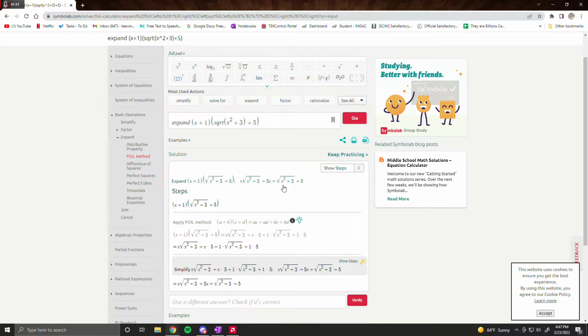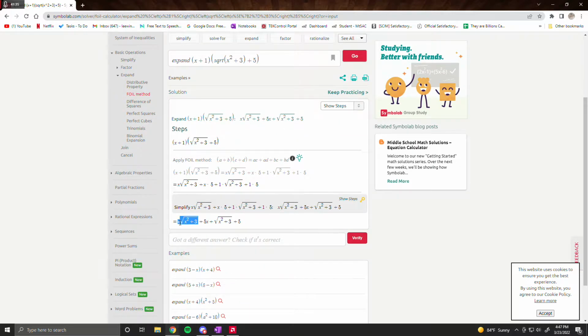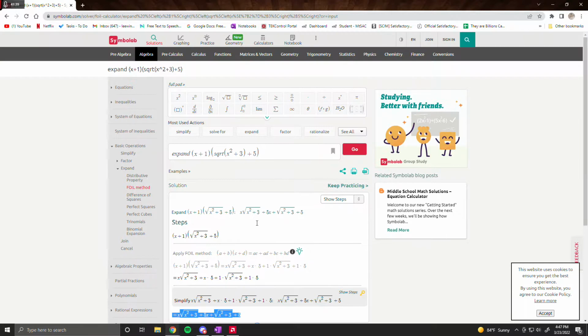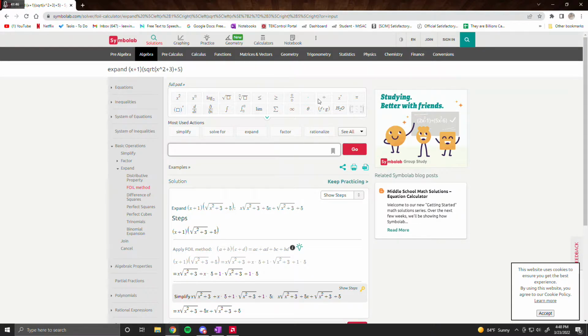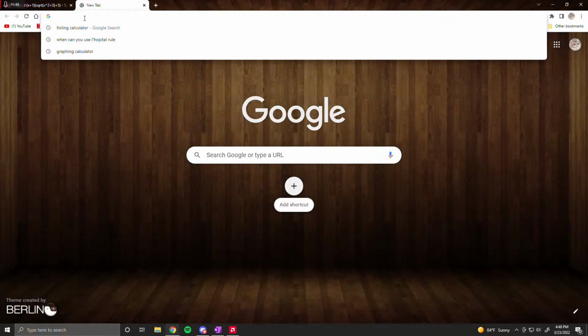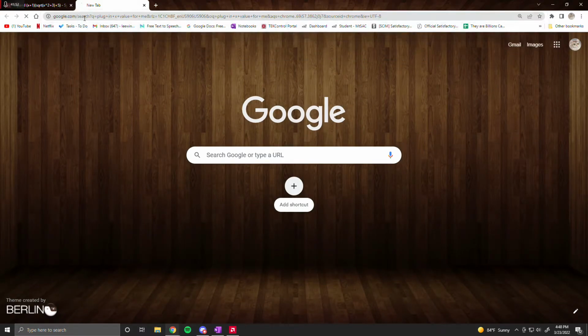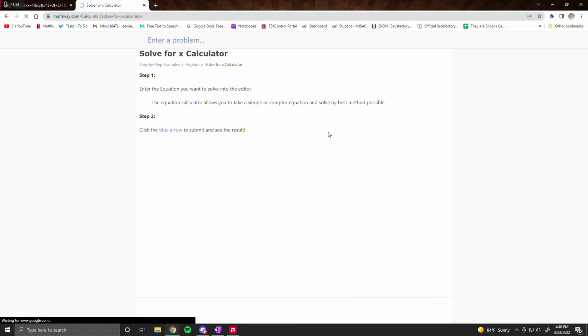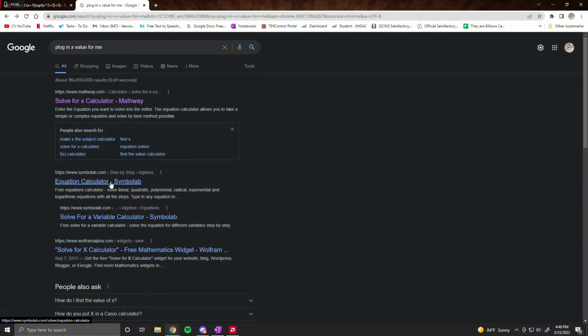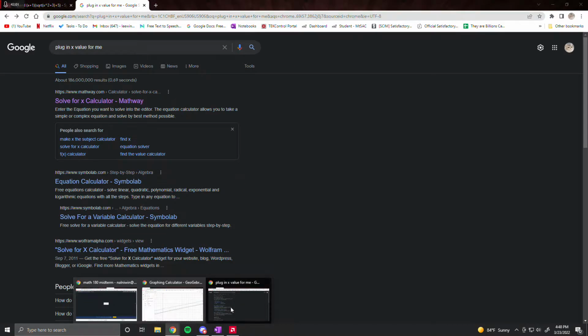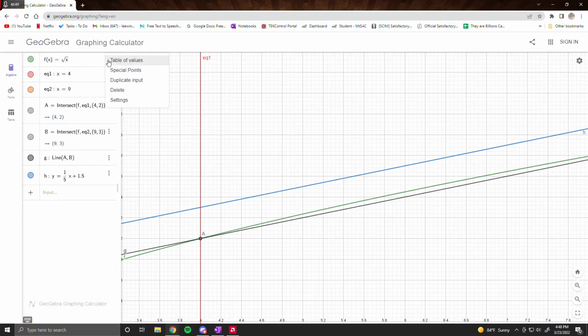Is there a plug-in calculator? I guess I could just plug it into a graphing calculator.